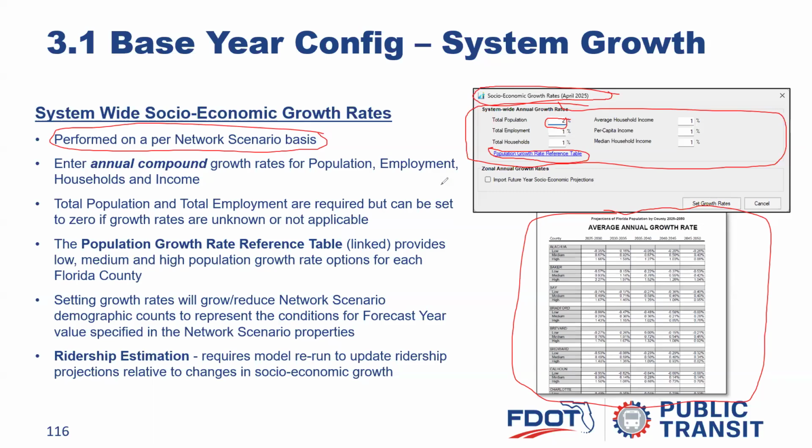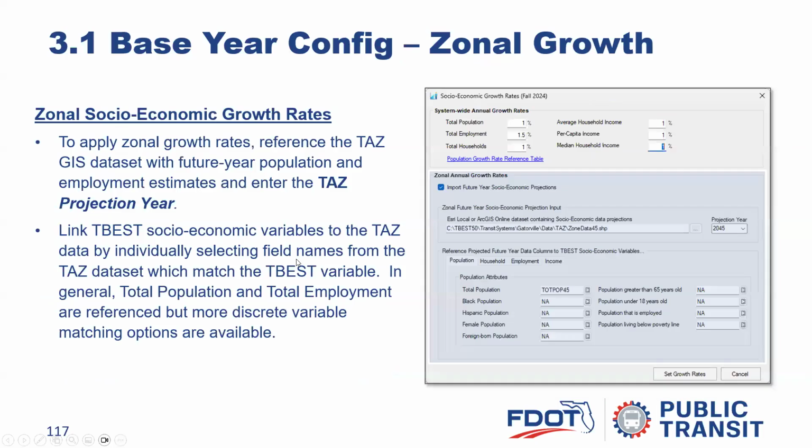All right, so you also have this option to set the zonal growth rates. So if you check this button, we will go to the next slide. So when we checked it, now we have these zonal annual growth rates, where it's a very similar setup to the sync, where we just reference a shapefile or an ArcGIS Online data set.